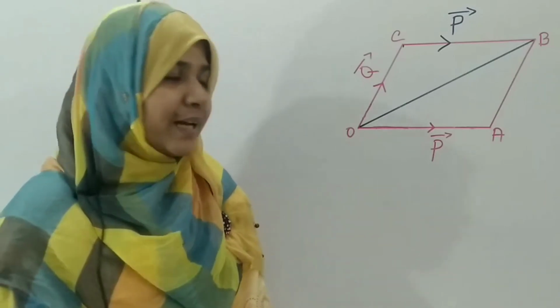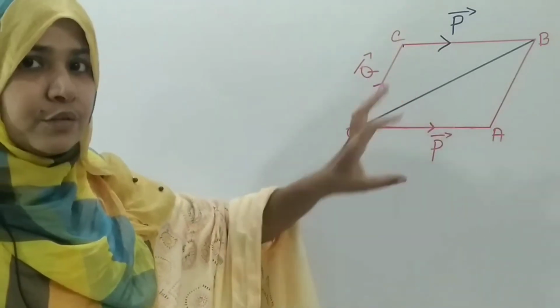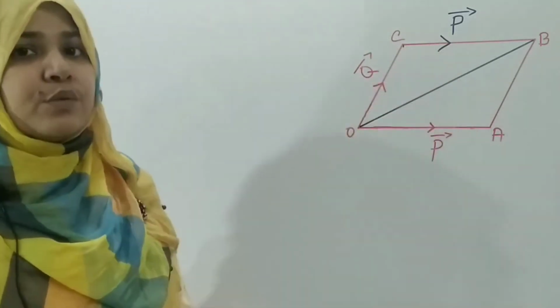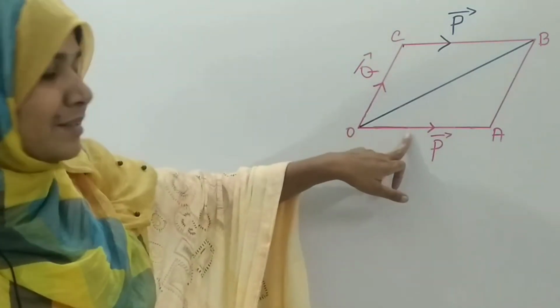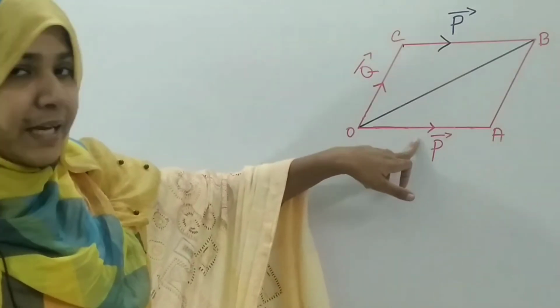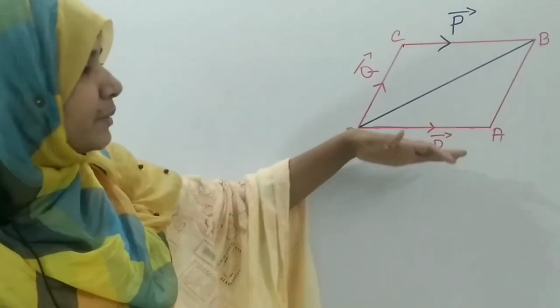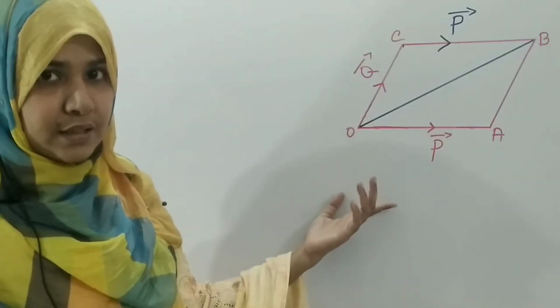You can see that I draw the diagonal of this parallelogram, and you know that this diagonal divides the parallelogram into two equal triangles, and if this is the P side, then we can say that CB is also vector P, because in a parallelogram opposite sides are equal and parallel to each other.